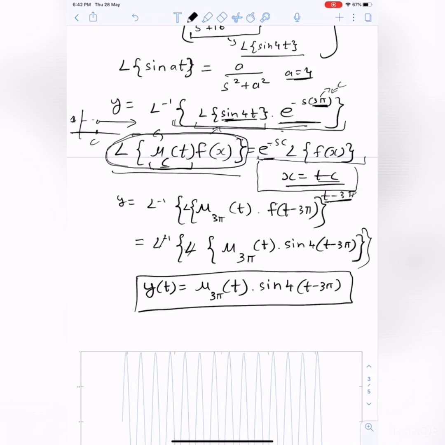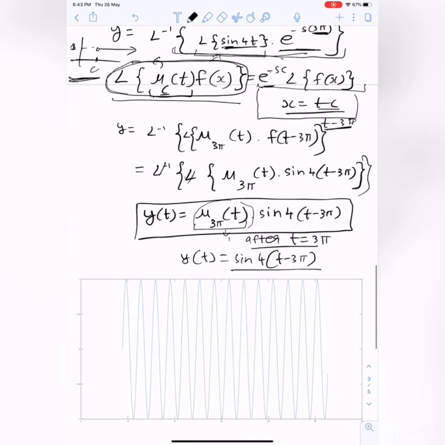As you can see, the value of first term is 0 until it reaches 3 pi. After 3 pi, this value will become 1. So after t is equal to 3 pi, we can basically neglect this entire term. So this y of t would be just sine of 4 times t minus 3 pi.